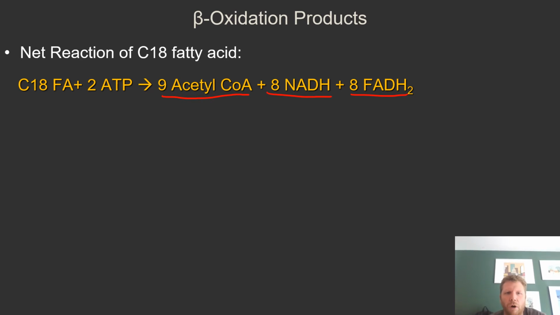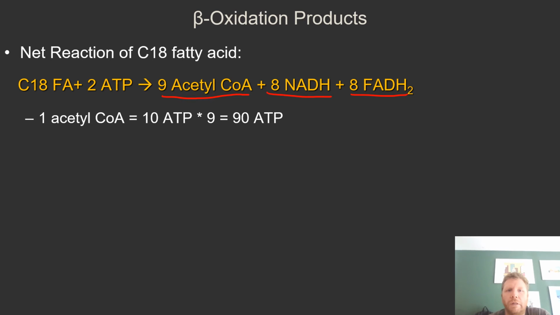So 18 carbons breaks down into 9 acetyl-CoA molecules. 1 acetyl-CoA is going to yield, going through the citric acid cycle, 10 ATP, or ultimately, since you're doing 9 of them, you're going to yield 90 ATP from this.